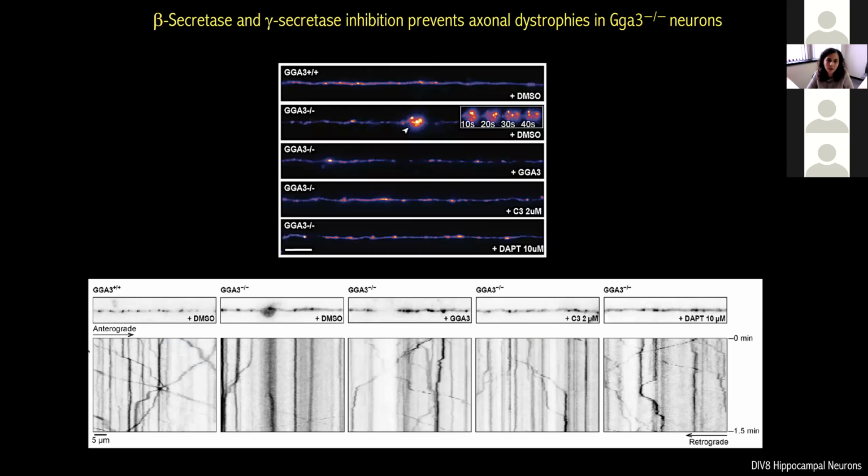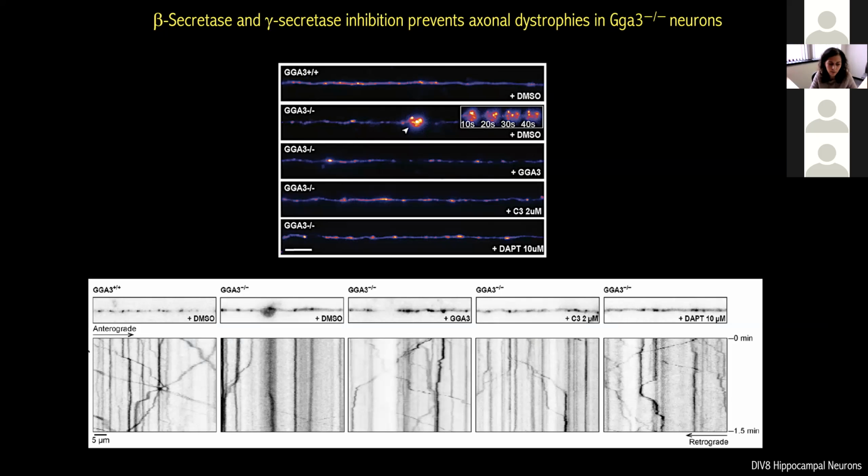When I said to you a couple of slides ago that we were surprised to see that both the anterograde and retrograde trafficking were disrupted, it's because our hypothesis was, since BACE1 is co-transported with Gga3 and is mostly retrograde directed, because the role of Gga3 is transporting BACE1 back to the soma for degradation, why is the anterograde trafficking affected if Gga3 is not there?